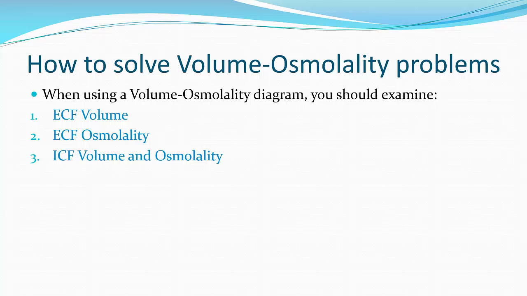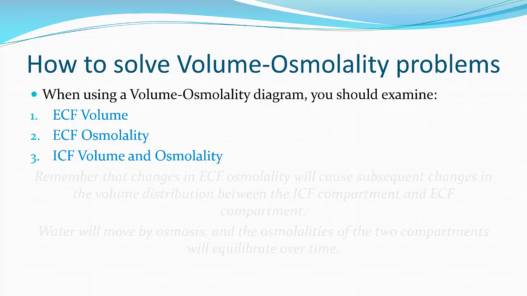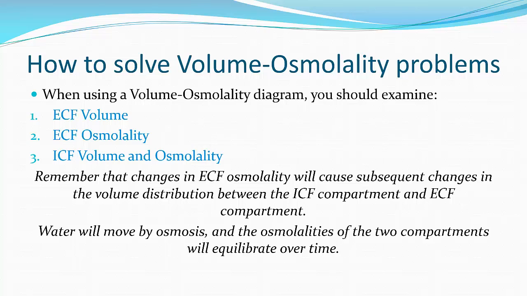If the osmolality of the extracellular fluid does change, then you need to determine the resultant effects on the intracellular volume and osmolality. In this case, water will move by osmosis, and the osmolalities of the two compartments will equilibrate over time. So, when solving cases, on the y-axis, our two boxes should always be at the same osmolality.